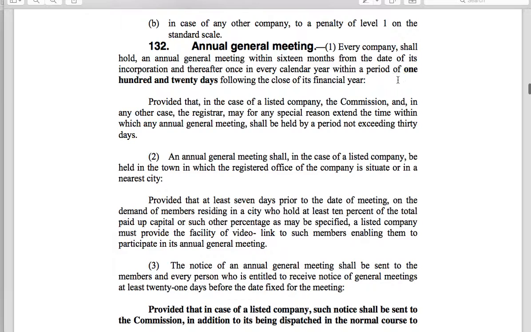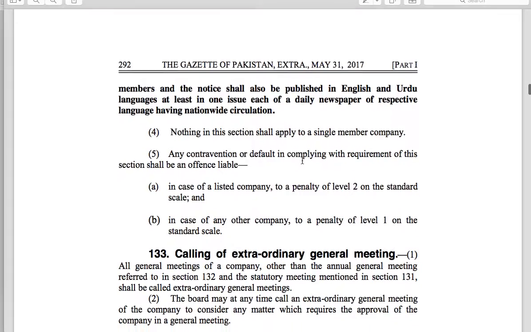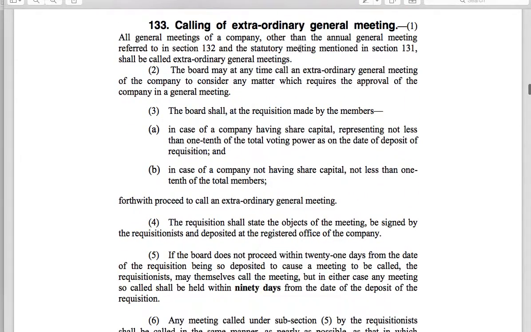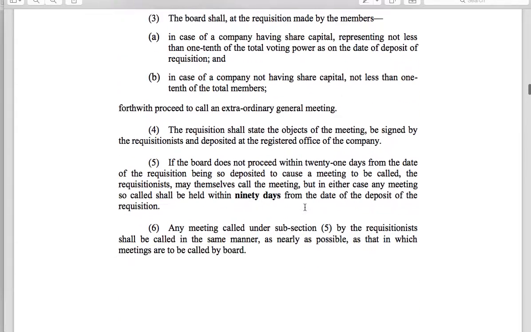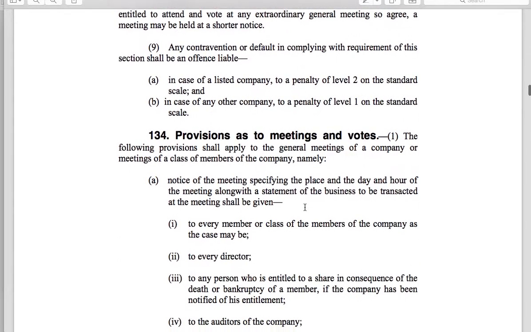Every company has to hold an annual general meeting in every calendar year, where they discuss the accounts, dividends, and all those things that affect their shareholders. If they need a shareholder meeting during the year, they can call an extraordinary general meeting, and the quorum, the procedure, and everything is given here, as well as in your articles of association.